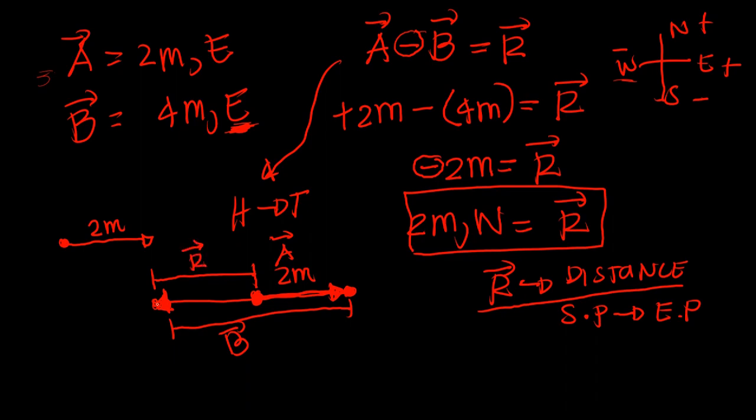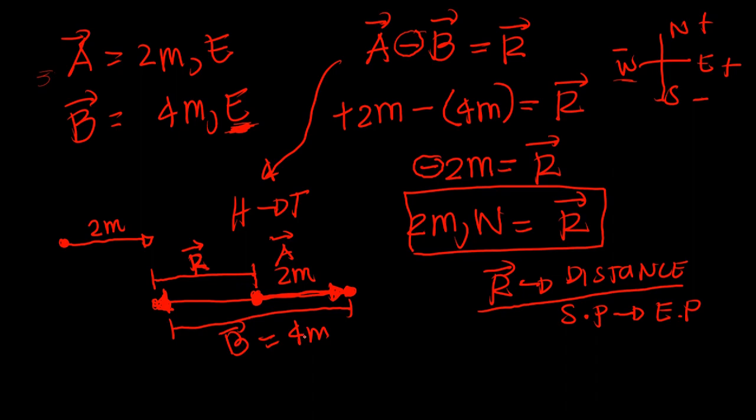So the question is, gaano to kalayo from here? So if yung kabuuan ni B ay 4 meters, ito 4 meters. Tapos yung si A ay from that point to this point is 2 meters. So ilan na lang ang natira kay R, the resultant vector?